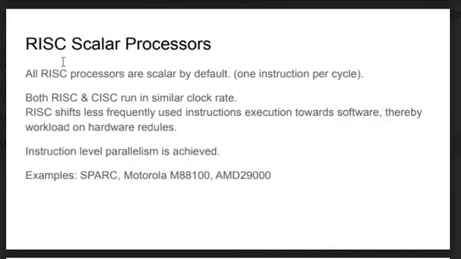Okay, so now what is one more important feature of the RISC scalar processor? Instruction level parallelism is achieved. Hope you all remember the dependency graph and Bernstein's conditions of parallelism.